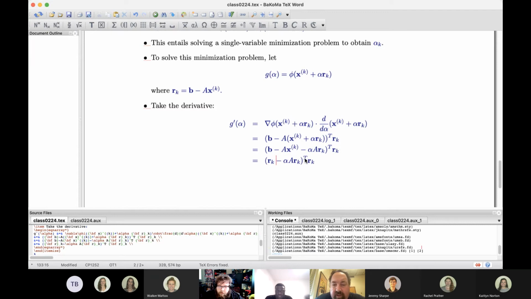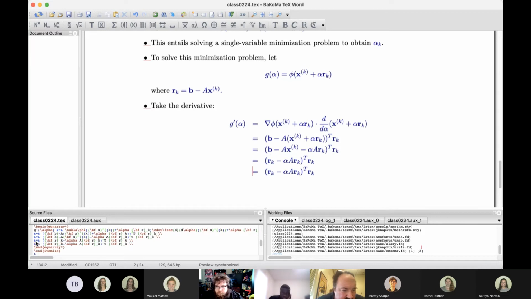Now I can apply this transpose to these two terms. So rk transpose, and then here I have Ark, that whole thing, transpose. Then I'll distribute the rk on the outside.